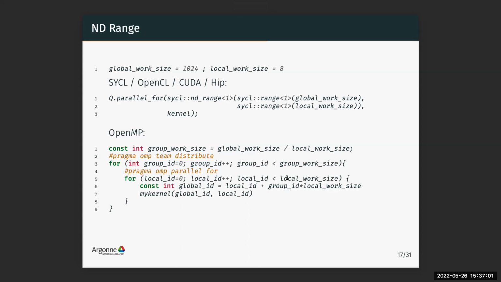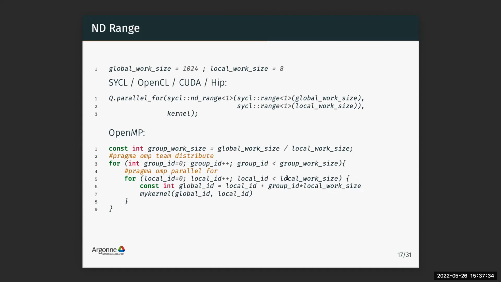We have two ways to launch, as in a lot of programming models, exactly like in Kokkos and everything. You can choose to use a range, where you say this is my global work size. I just want to execute on this global work size, the total size, and I don't care how the runtime will split that into teams or warps or whatever it is called in CUDA. But sometimes you want to have more control. This is the first thing you do if you want performance on one hardware.